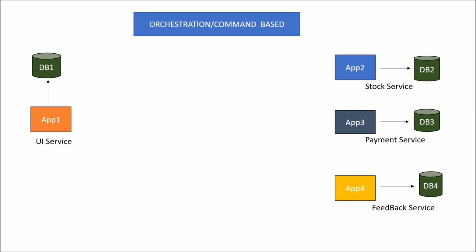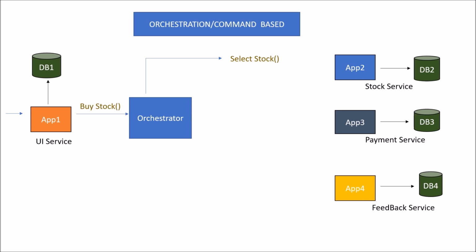So again, taking the same case of online stock purchase, the user hits the request for online purchase of stock. It will go through the UI service. The UI service will generate a command, buy stock. Now the buy stock, instead of directly going to the stock service, will go through a central orchestrator.